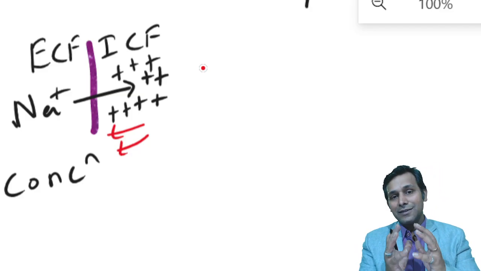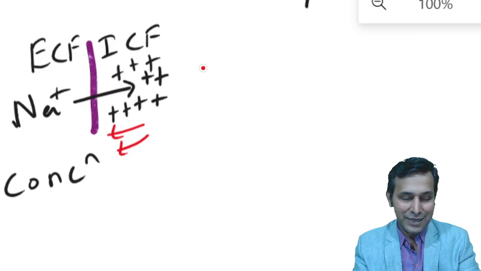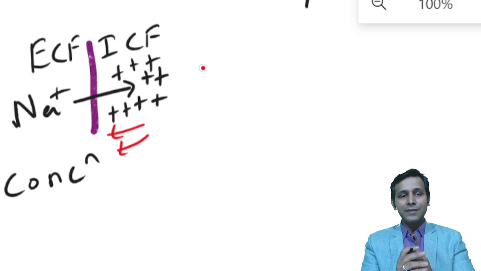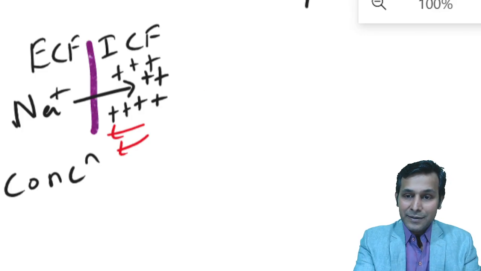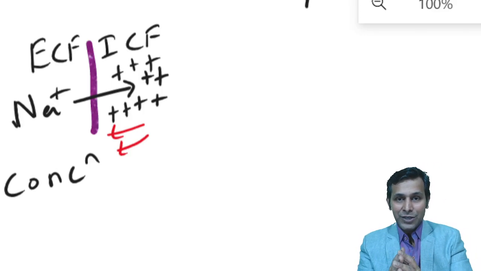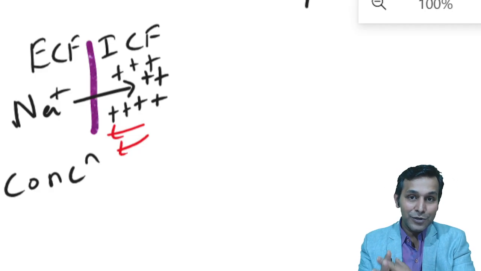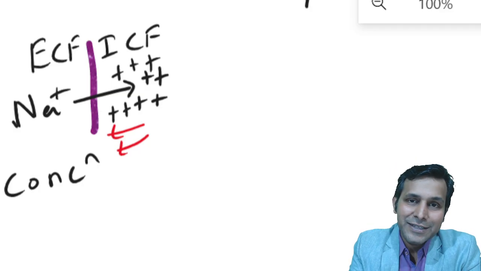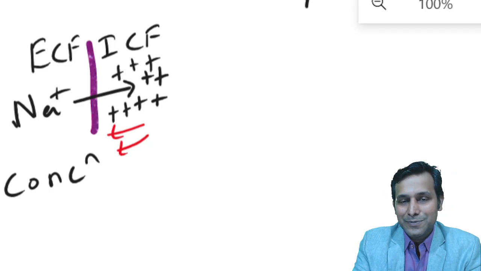And this electrochemical equivalence, remember, is a voltage which is dependent on the concentration gradient. We also call it Nernst potential.